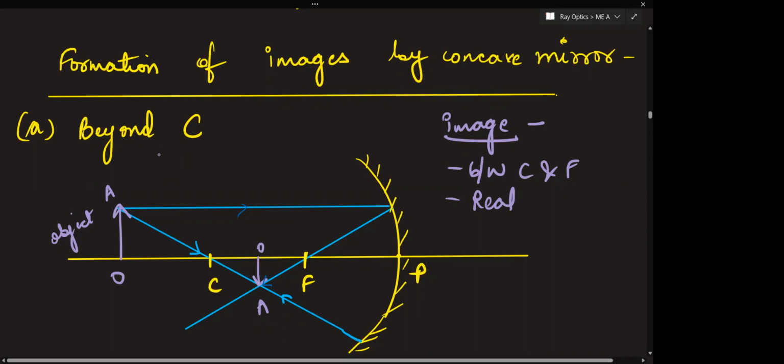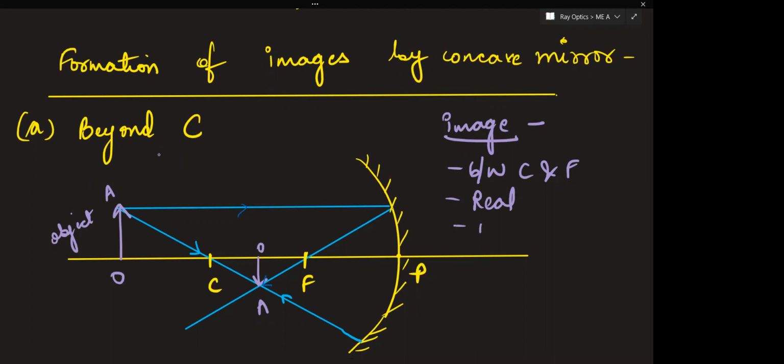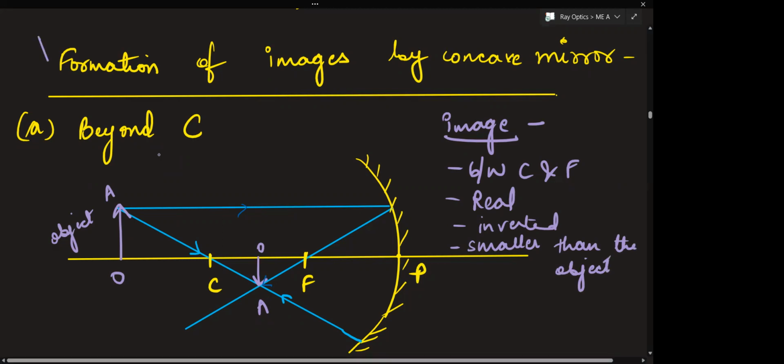That if the rays actually meet, the image is real. Image is inverted also. And one more point, it is smaller also. It is smaller than the object. This is very important. These points also come in exams that I'm mentioning.